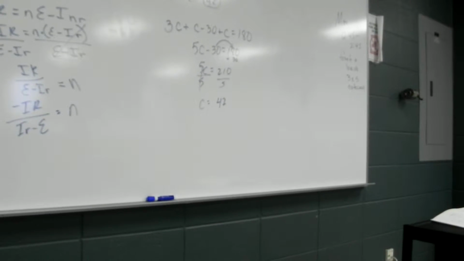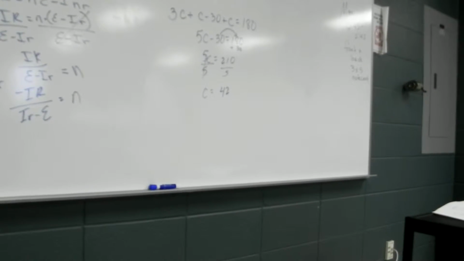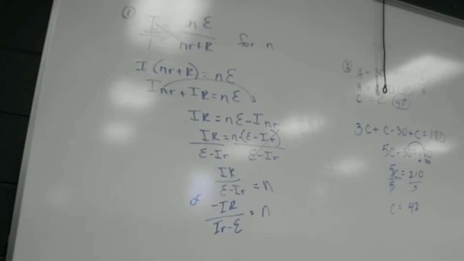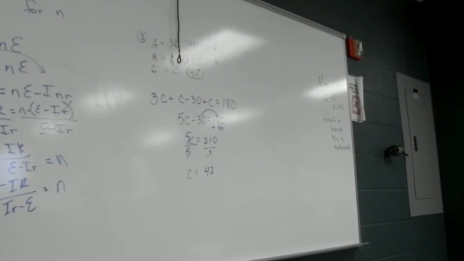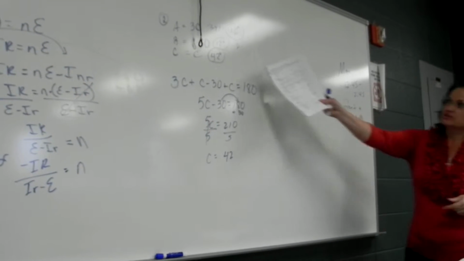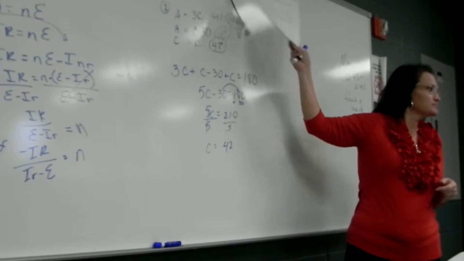I get where the 126 and the 12 come from. The top one is A is 3C. So 3 times 42. Once you get C is 42, A is 3 times 42.